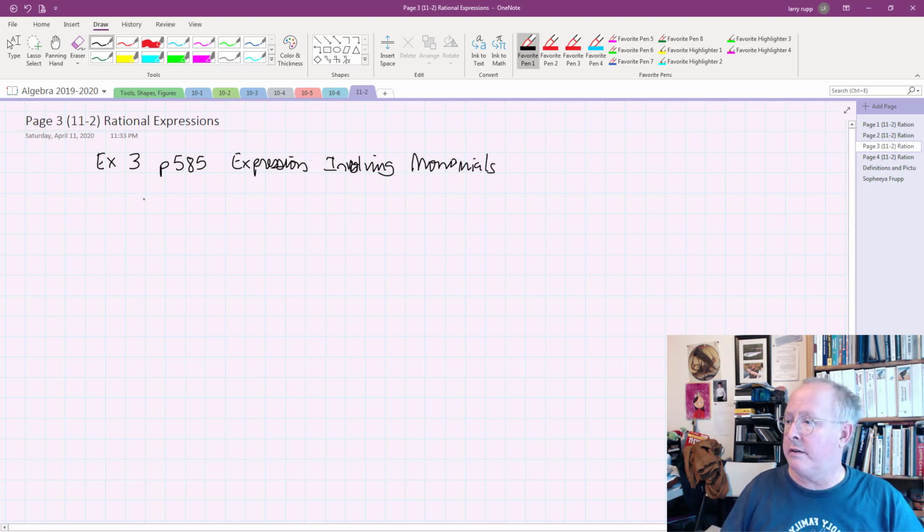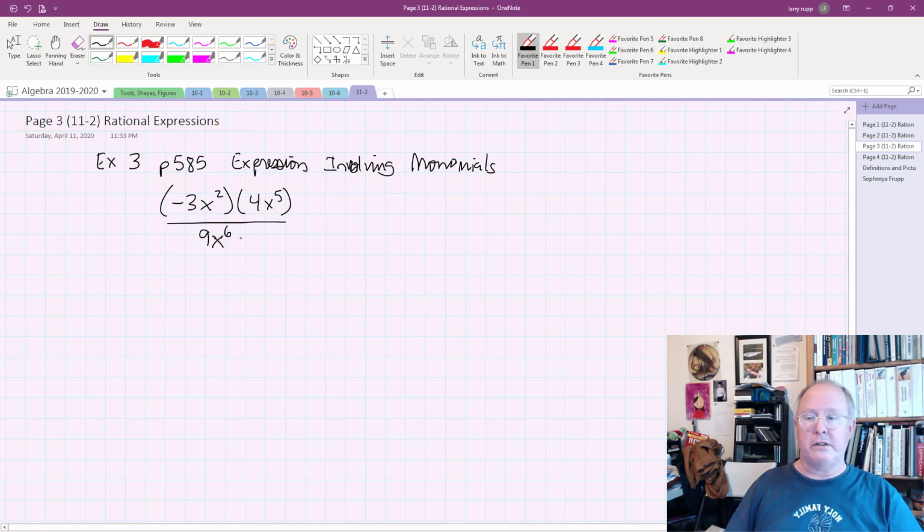The expression that we are looking at is negative 3x squared times 4x to the 5th, all over 9x to the 6th. And they want us to simplify this.